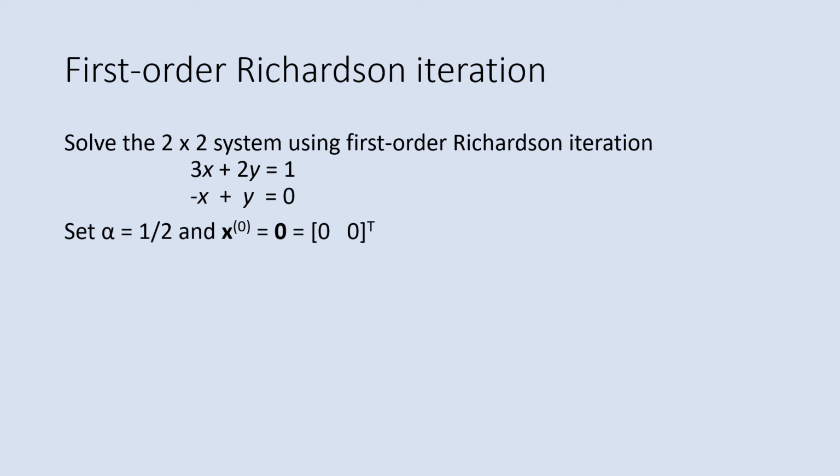Often, as I mentioned, we're going to experiment with this line right here, with different values of alpha and different values of the starting estimate. In this case, though, alpha is 1/2, and our x0 is just the 0 vector. Again, it's a column vector, but we're writing it as a transpose of a row vector in this case.